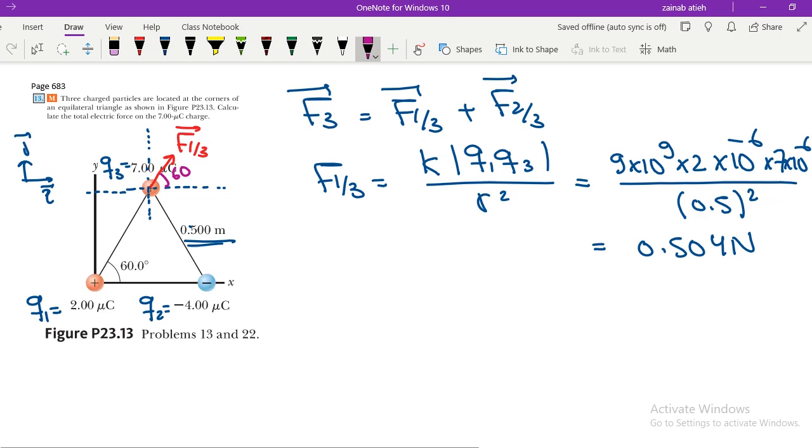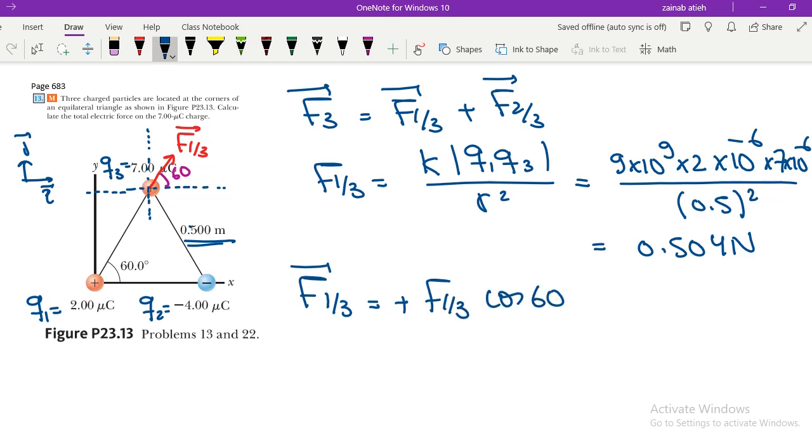So if I write it as a vector: F1 on 3 equals plus, because the projection comes with the positive sense, F1 on 3 cosine 60 I plus F1 on 3 sine 60 J.